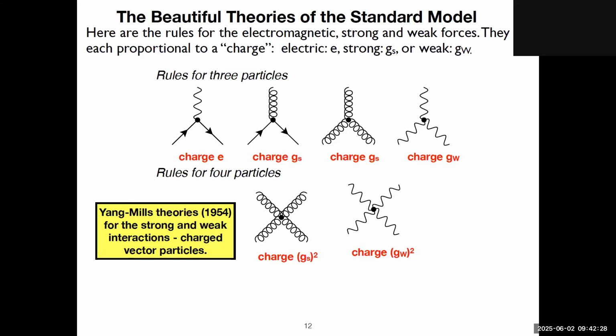Now, of course, Yang and Mills didn't have all of these. These came out of the experiments of the 1970s, the 1980s into the 1990s, which established the standard model on firm footing, which then allowed us to build up to the production of the Higgs, which kind of completed all of the particles in the standard model.